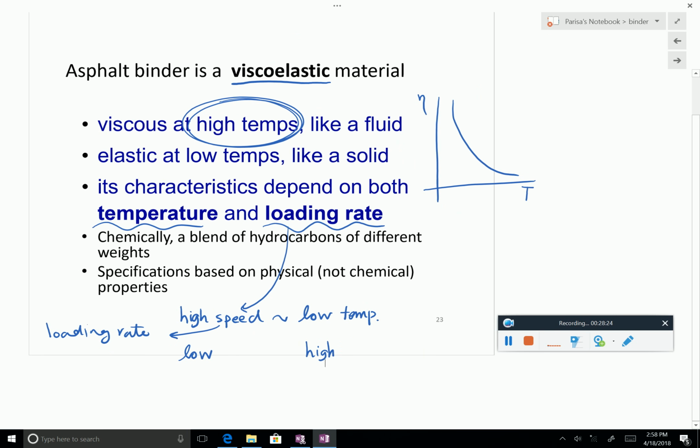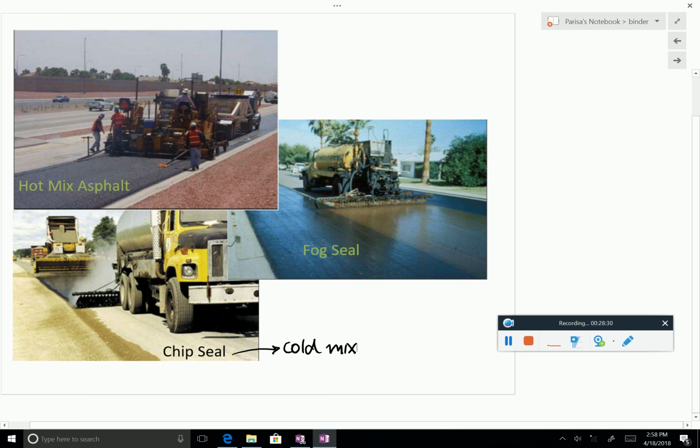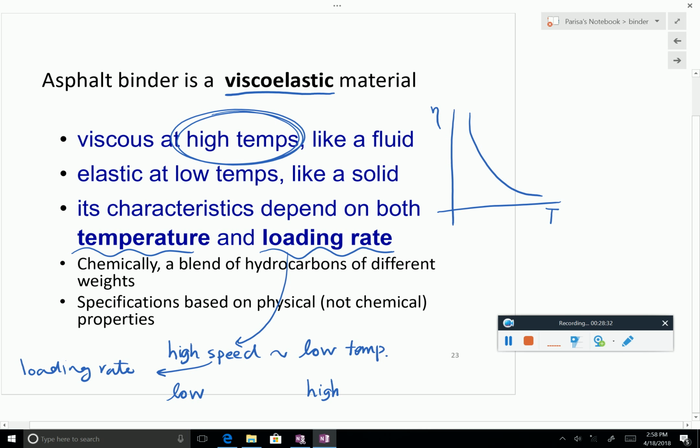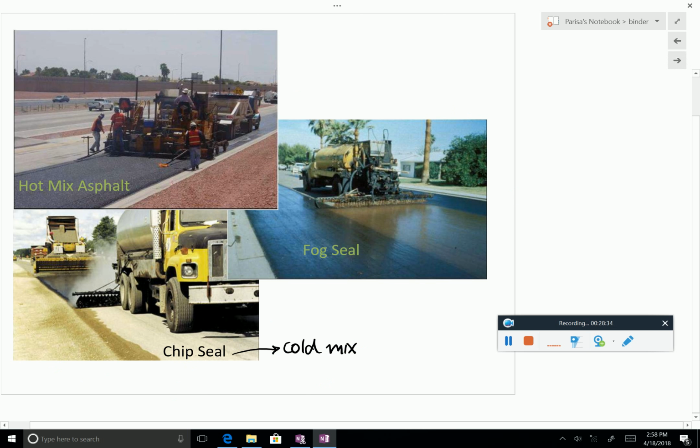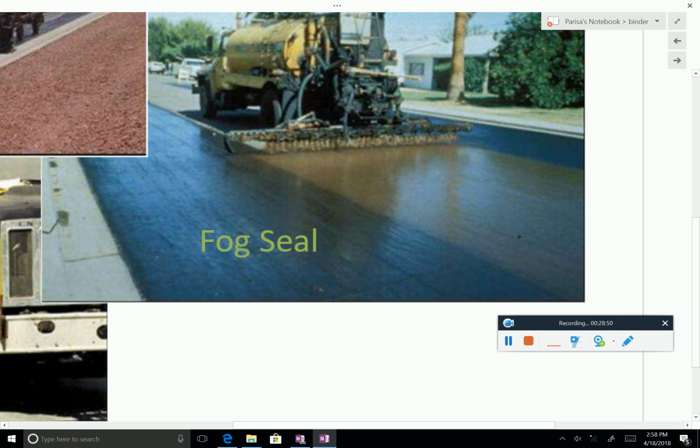So now with this in mind, let's look at some of the properties of asphalt which are very much related to temperature. This is just to show you these different applications. What I showed you, like hot mix asphalt, if you have never seen it, this is how it looks like. Fog seal is a diluted asphalt emulsion.